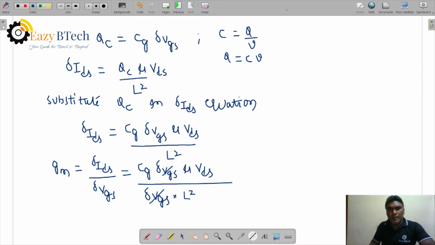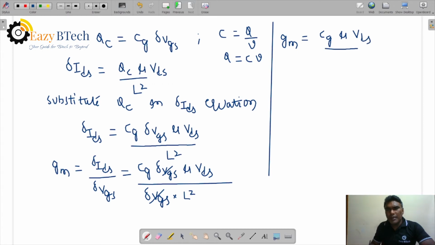Now the equation, we can simplify this. Transconductance is equal to Cg into mu VDS by L square.